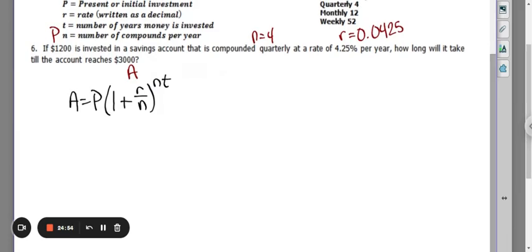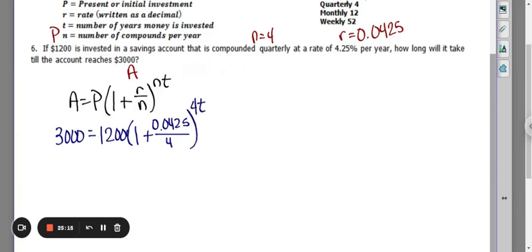All right, plug it all in. So 3,000 equals 1,200 times 1 plus 0.0425 divided by 4. And then your exponent is 4t.